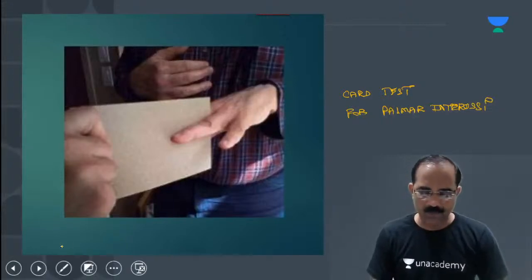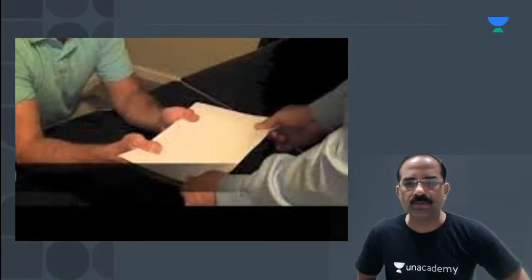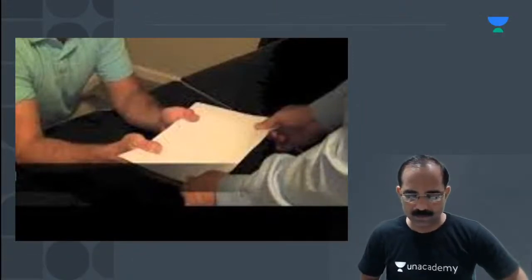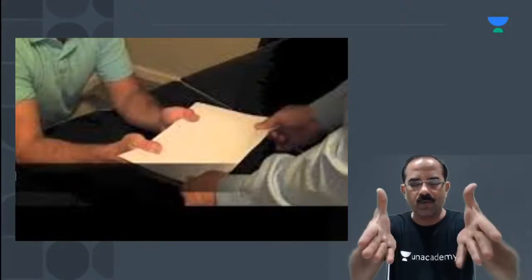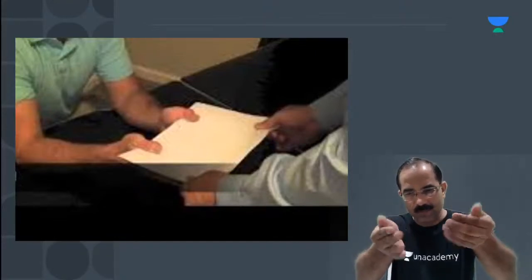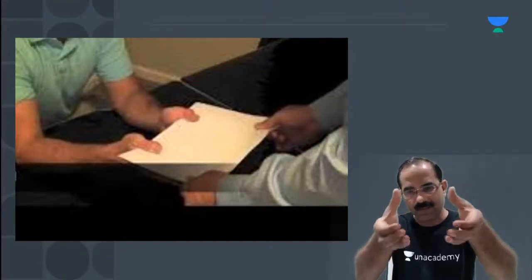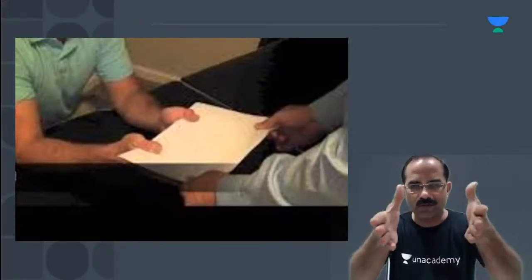Tell me, students, now what is this? What is this test? The person gives a book to you, and you hold the book in the hand like this. So this is adduction of the thumb, and this is what we call the book test. So which is the muscle doing adduction of the thumb?